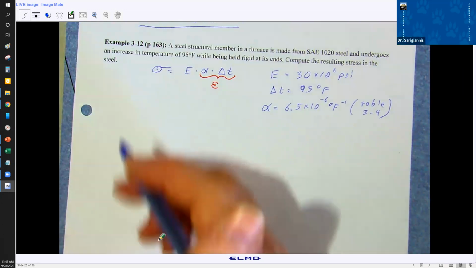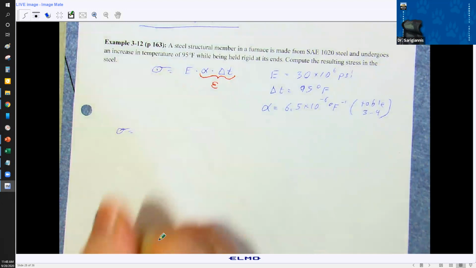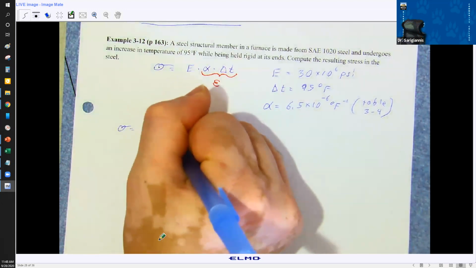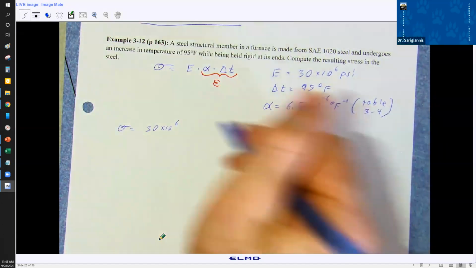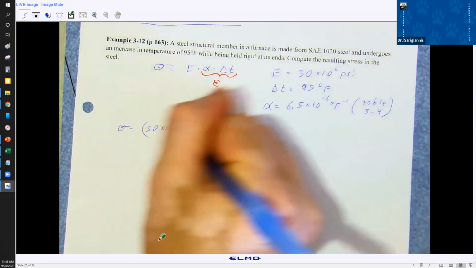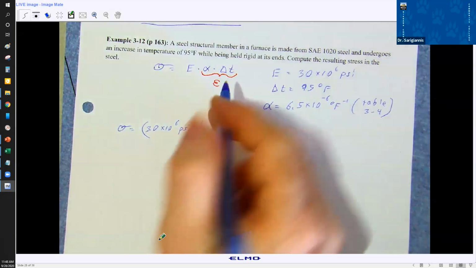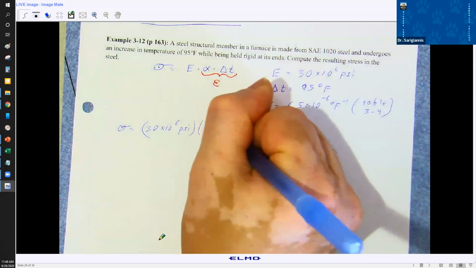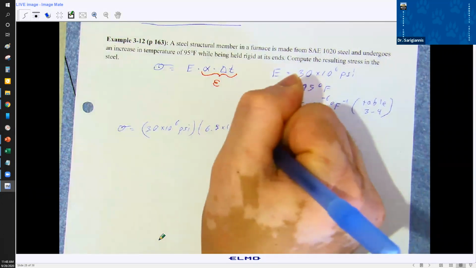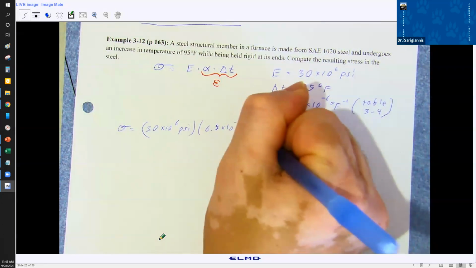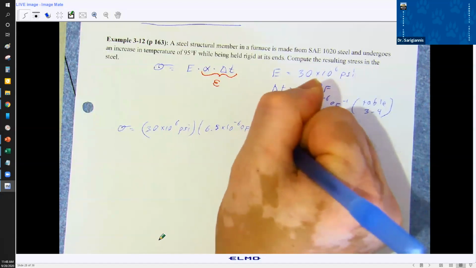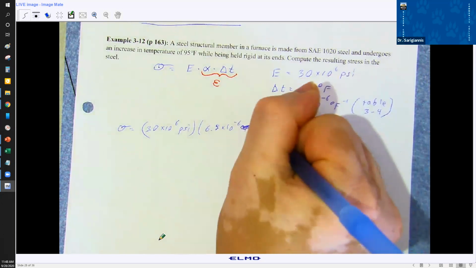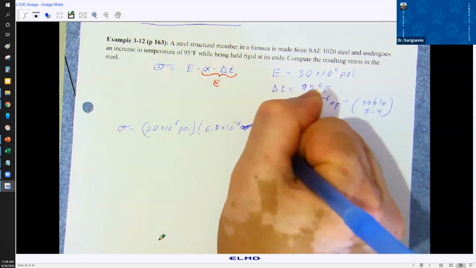All right, so our sigma is just equal to 30 times 10 to the 6th psi, that's the stiffness, times our alpha, 6.5 times 10 to the minus 6 inches per inch per degree Fahrenheit. Let me write this out in units.